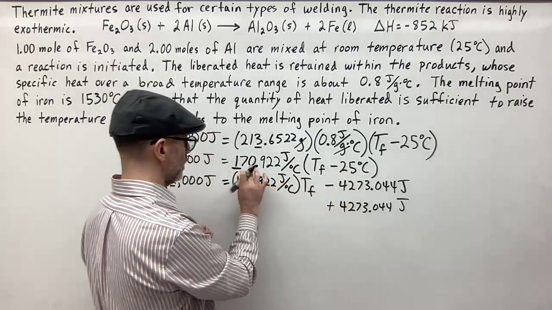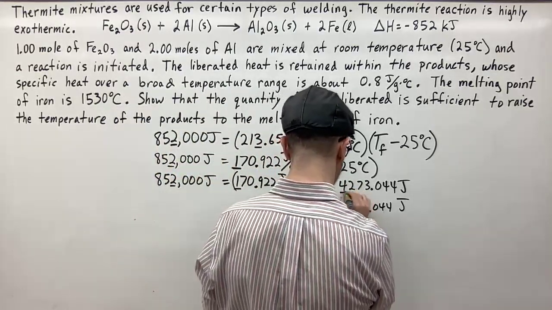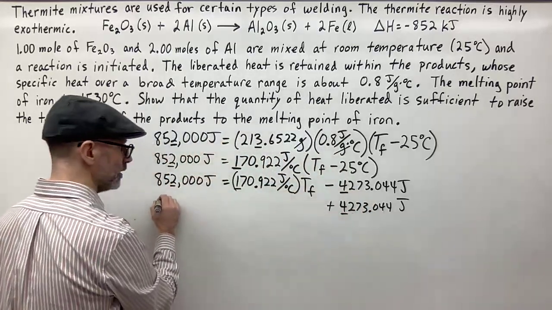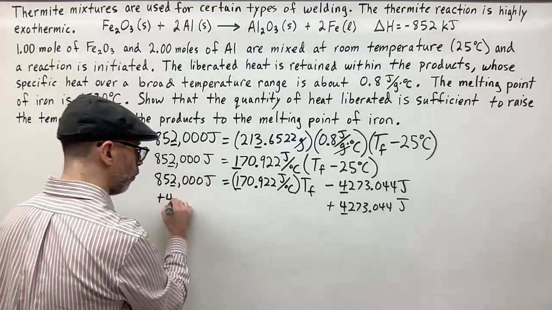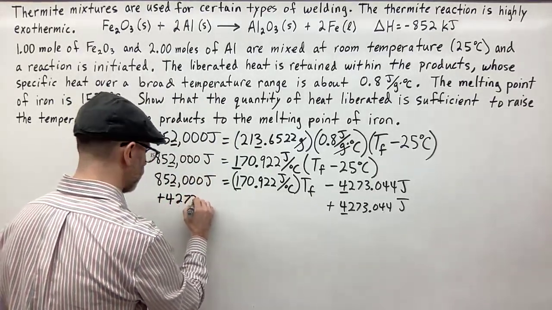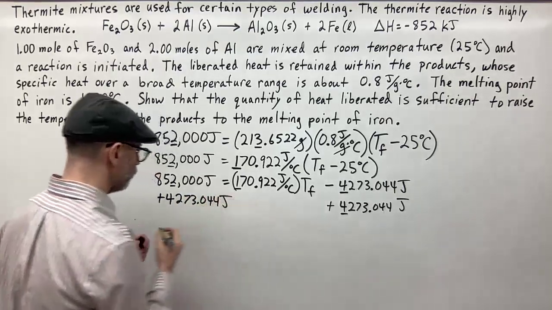So again, the sig figs is 1. So then this is going to be 1 sig fig there, 1 there. So now I'm going to add on this side a positive 4,273.044 joules.